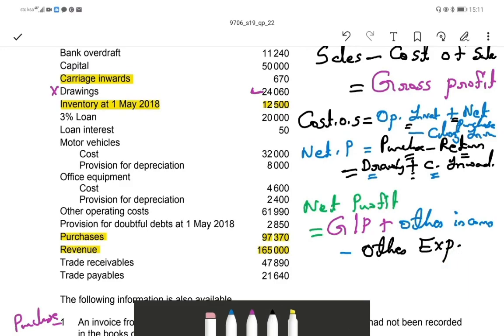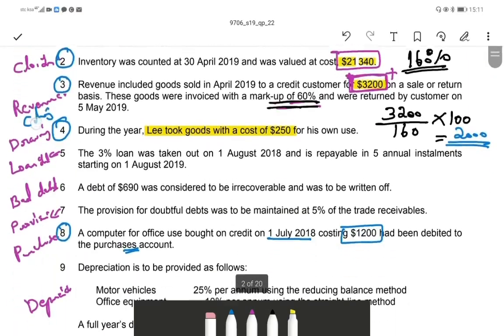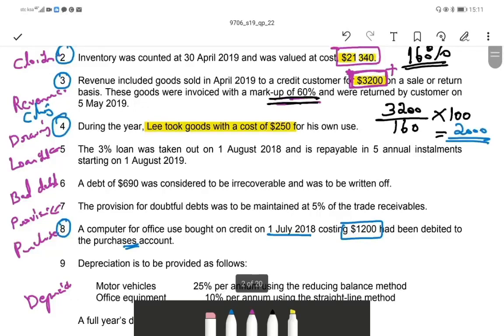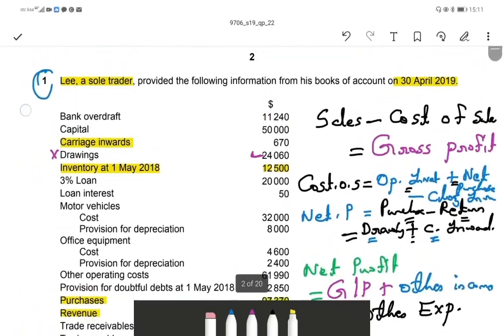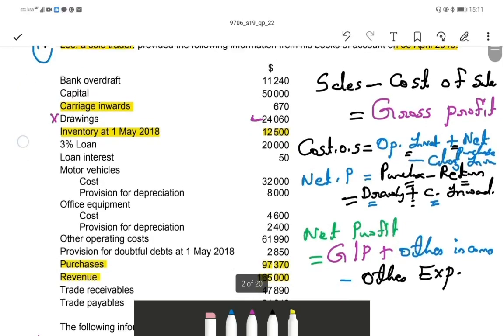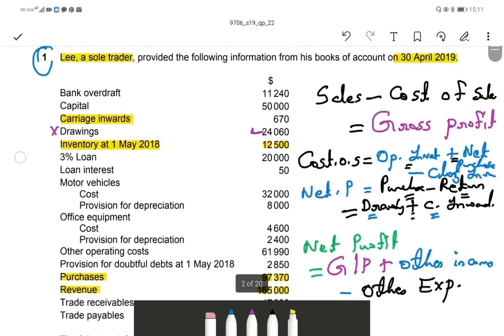Now we have to check if we have any other incomes in the question. So here bank overdraft, capital, carriage invert already we are done.